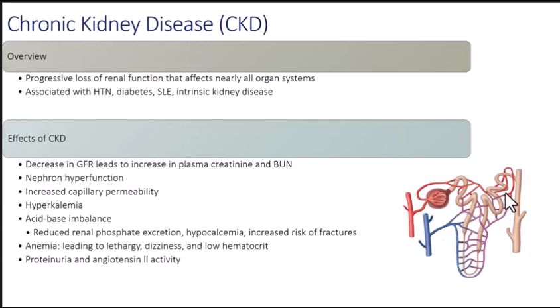What's seen in chronic kidney disease, though, is that angiotensin II activity occurs, so it's activated by this renin-angiotensin-aldosterone system, and its effect that I want you to make note of is that it causes this efferent arteriole to vasoconstrict.